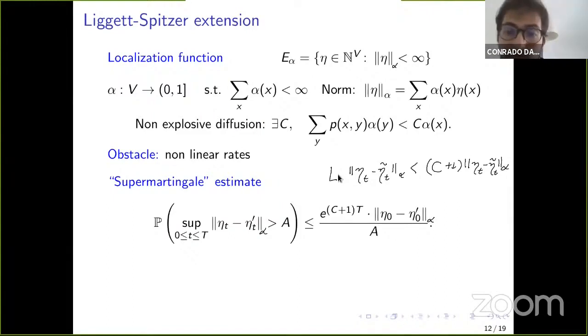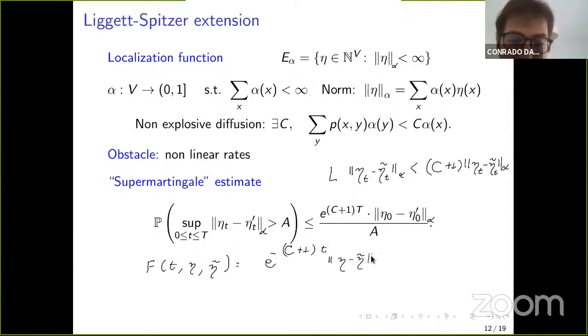Okay. So the way to get the super martingale estimate is to take a function that depends on time and on the configurations, which is compensating in time the rate of increase in the norm that's coming from the diffusion. So this is, in essence, our Lyapunov function. This we can show satisfies a super martingale bound.